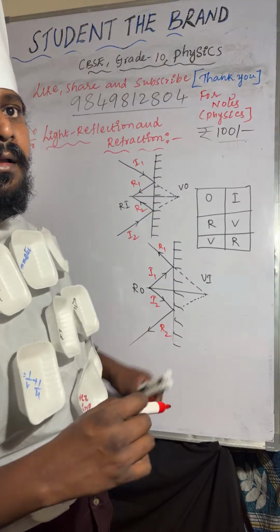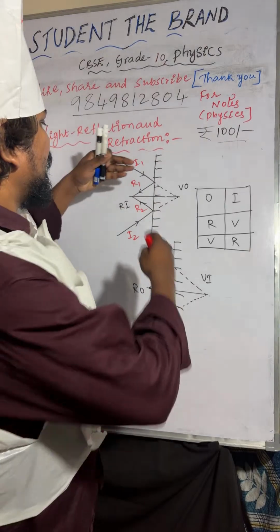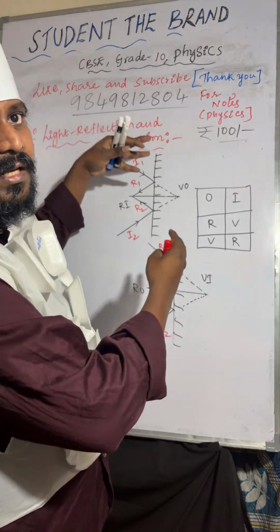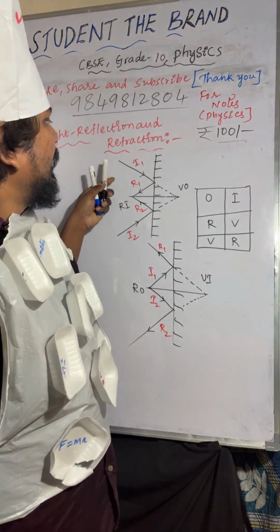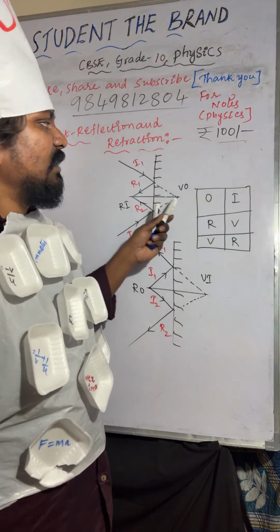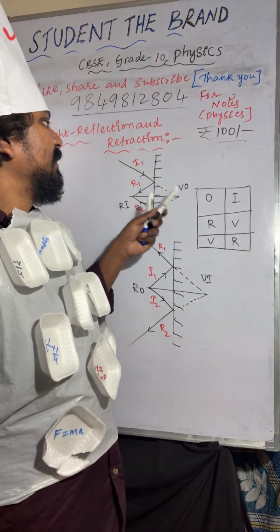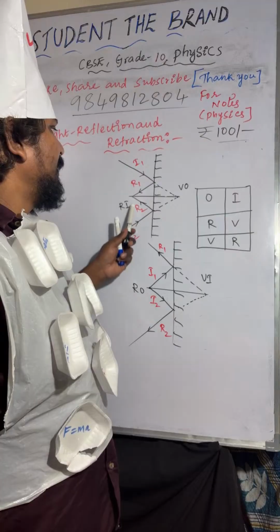Whenever the light rays are incident on it, after that those reflected light rays are reflecting back. If you extend these incident light rays, extended incident light rays are meeting at one point. That is the virtual object. Here you can observe this is a virtual object, real image.